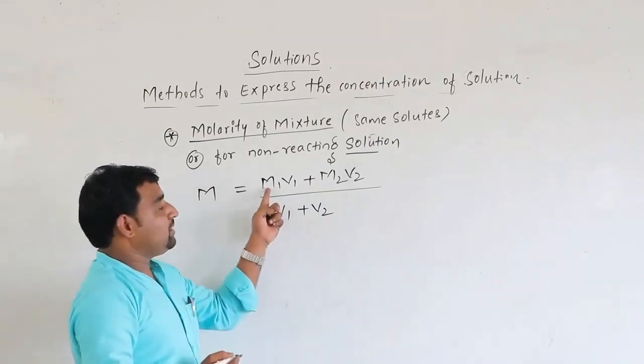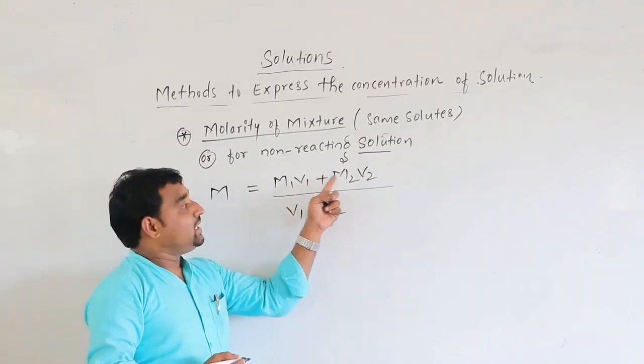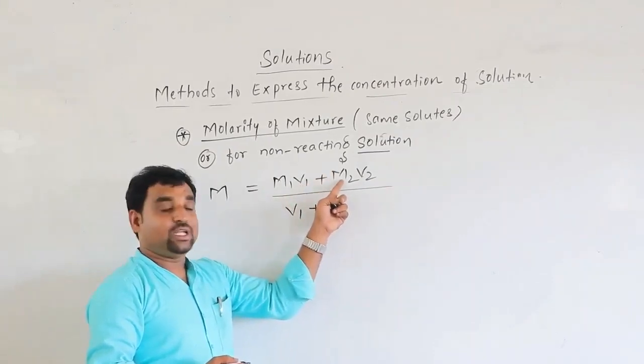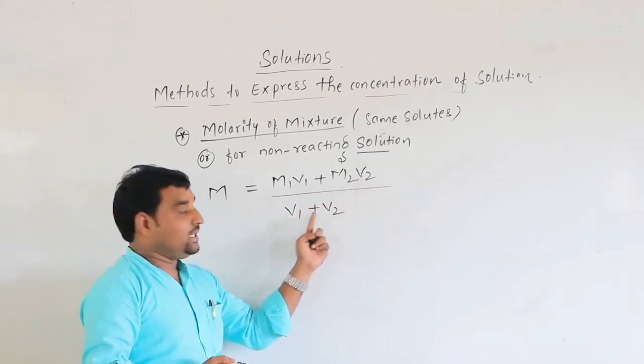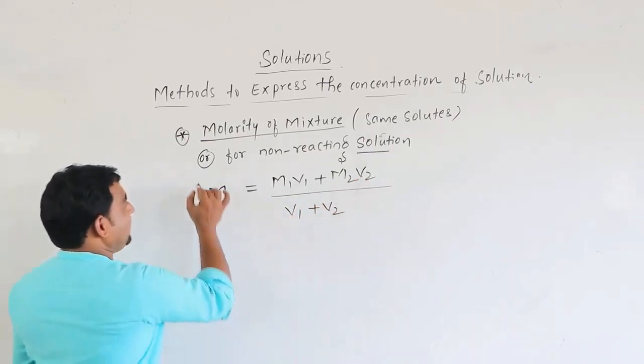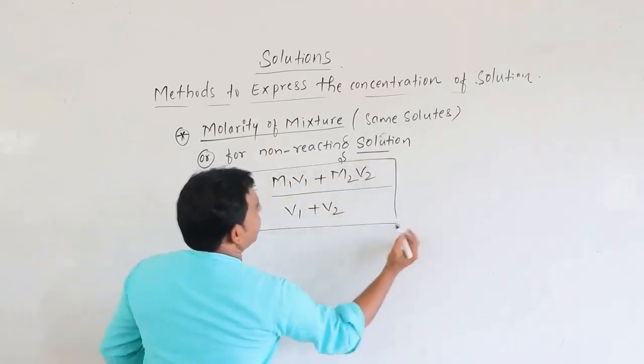M1 is the molarity of the first solution and V1 its volume, M2 the molarity of the other solution and V2 its volume. This is the formula to calculate the resulting molarity in case of a non-reacting solution.